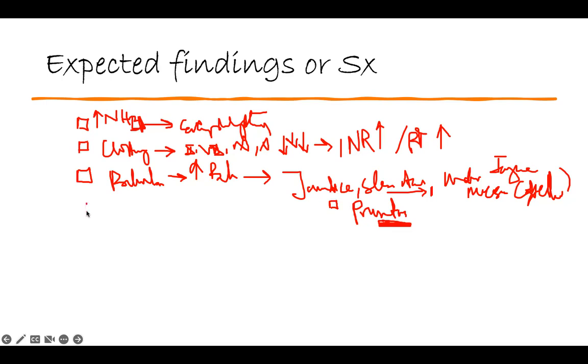Then I told you about the liver making protein. Protein is what keeps the oncotic pressure in your vascular system.